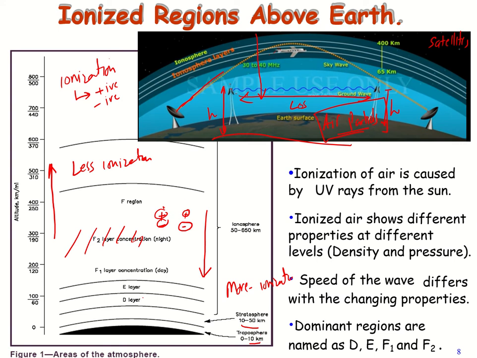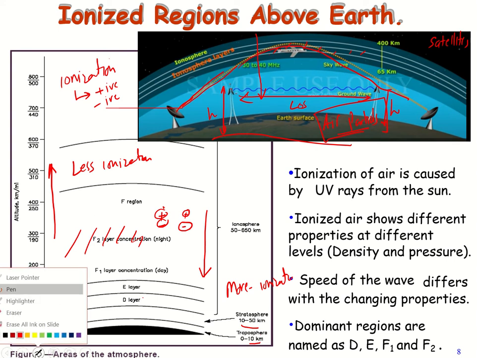So the electromagnetic wave which is coming, due to the high ionization layers here, will be reflected back. They will face reflection, and this reflection depends on the ionization density in the region.